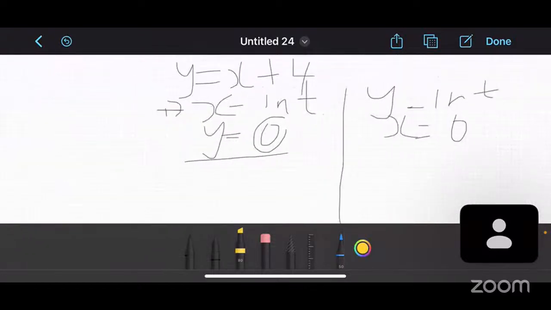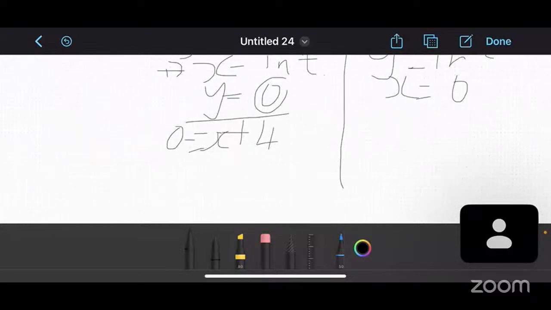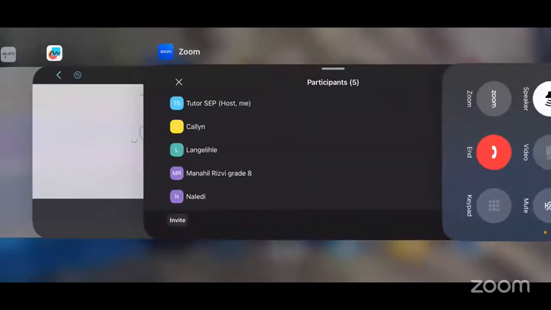The next thing that you're going to do, guys, is say not y but 0, because we know the value of y. So it's going to be 0 is equal to x plus 4. Then we can just take the 4 to the other side, because we have positive 4 here.